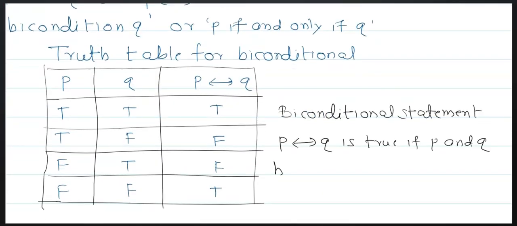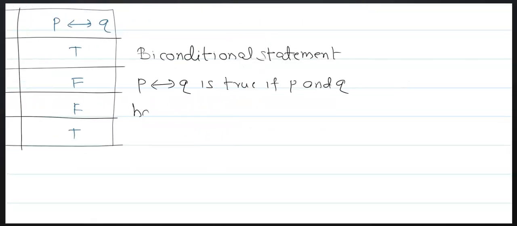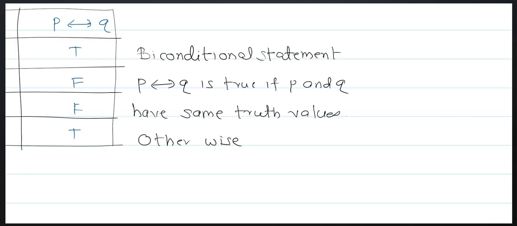Biconditional statement P double implication Q is true if P and Q have the same truth value. That is, if both of them are same, then it is true, otherwise false.